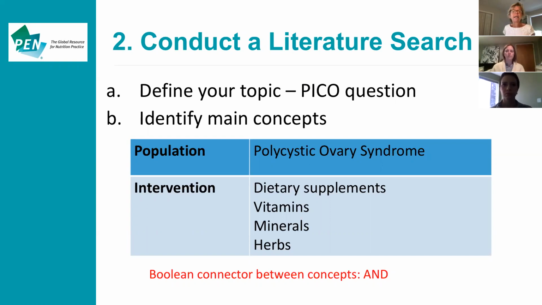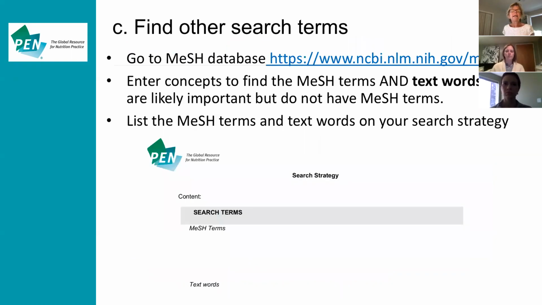So the main concepts, and then starting to look for other search terms. For this, I'll take you to an example of looking in PubMed at the MeSH database. The MeSH database helps us to find the terms in the literature, how articles are indexed in PubMed. So let's go have a look at the MeSH database.